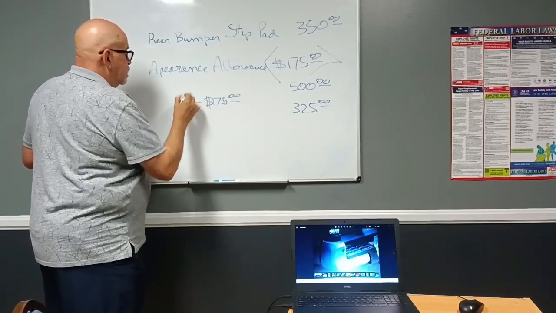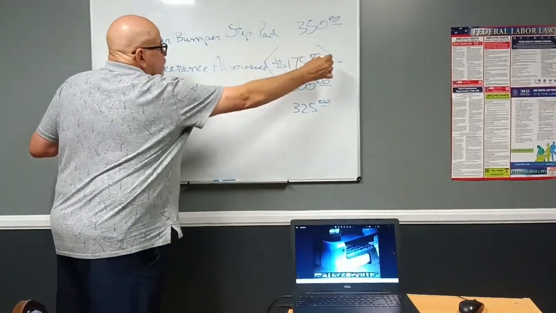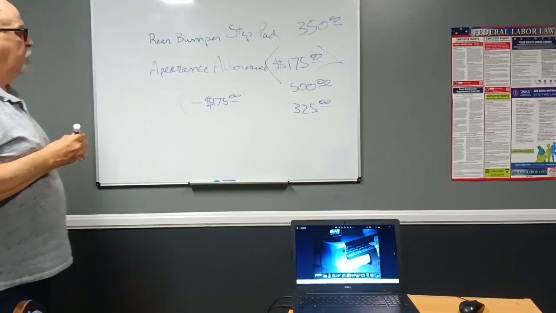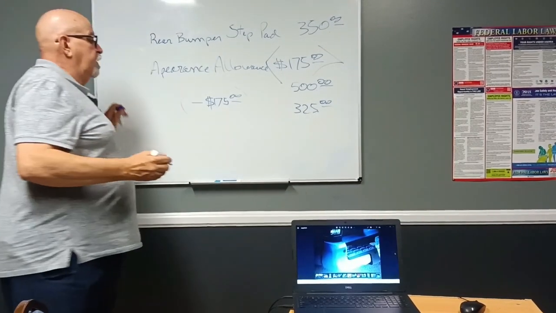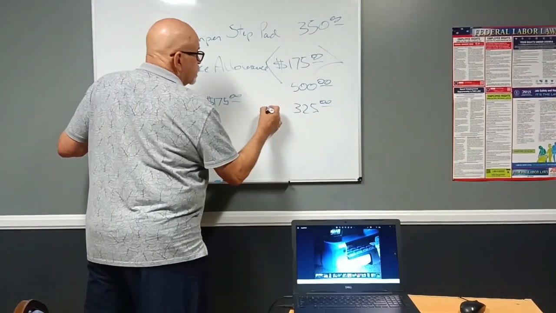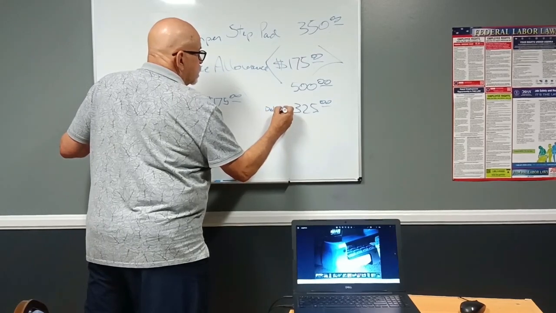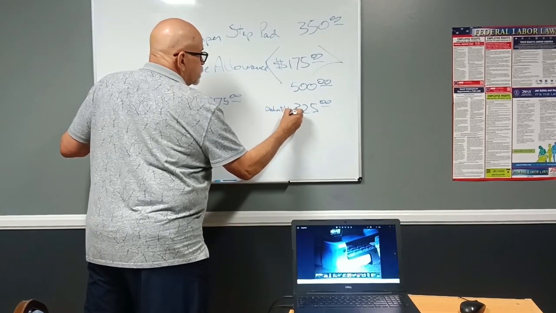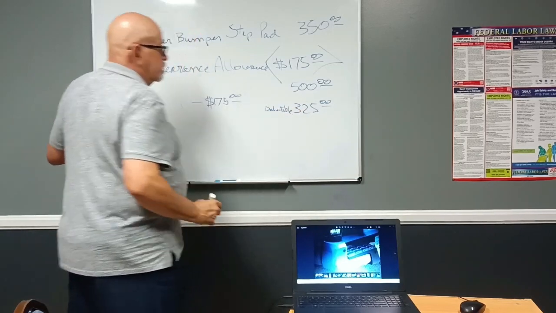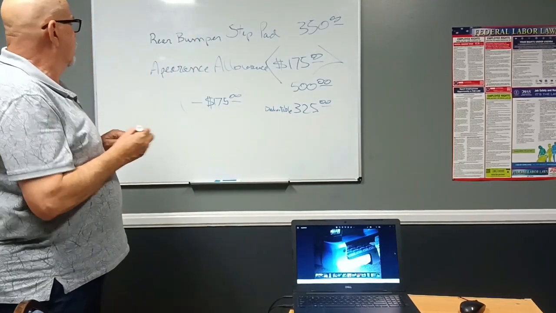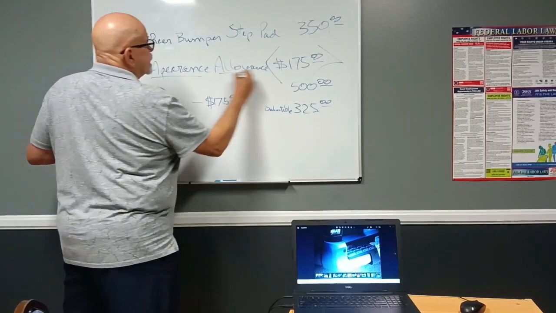It's the same thing. Minus or take out. So now he only gets to pay $325. So now that's his new deductible for this particular claim. Appearance allowance. Does that make sense?